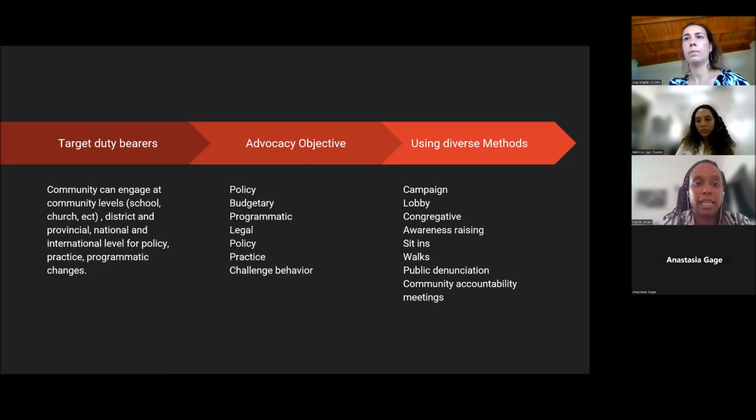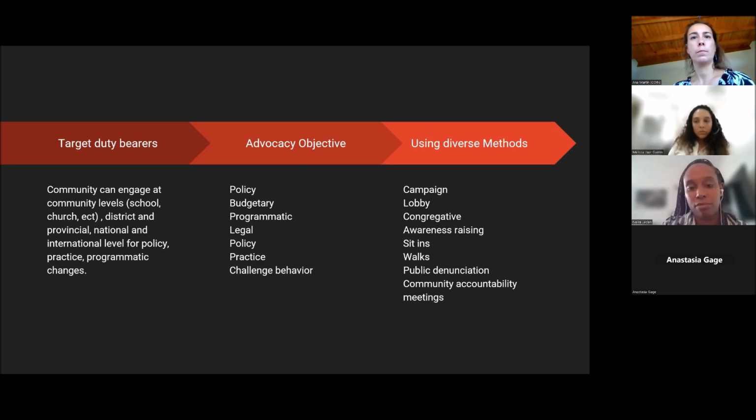It can also be district, provincial, national, at all levels. And the advocacy objectives are also plural. It can be a policy at all levels. We can have a policy at the school level and also have a policy at international level, like norms, right? Legal norms.